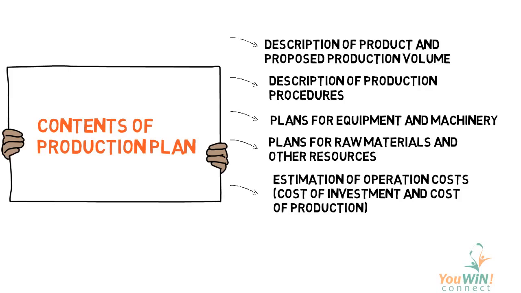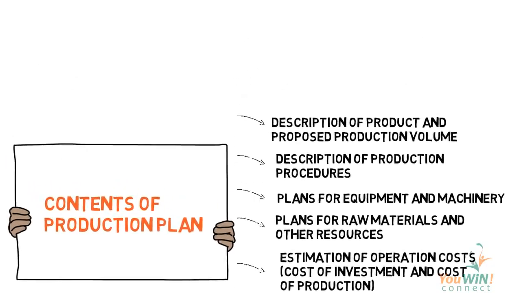And of course, the final thing that forms the content of the production plan is the competitive advantages. This section describes the company's quality, product price, scale of production, technology, experiences, and the level of flexibility.